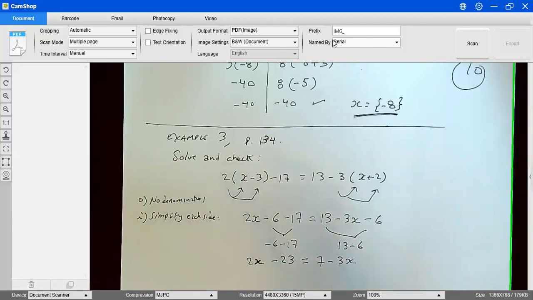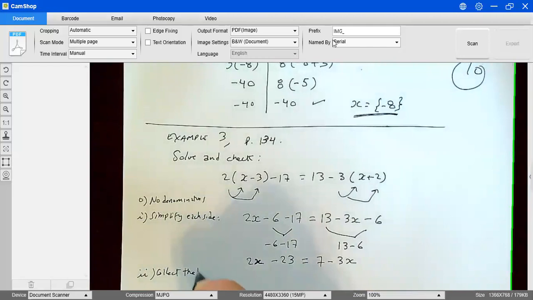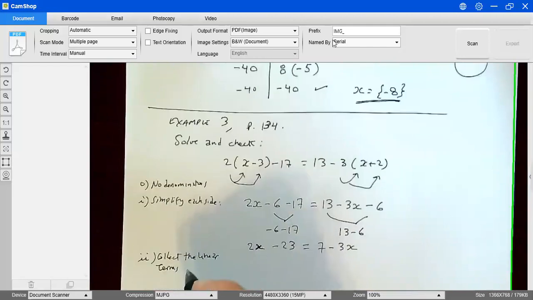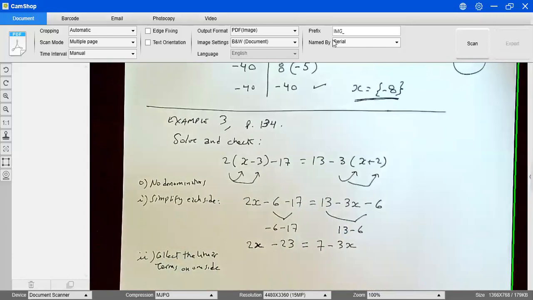Then the next step is we're going to collect the linear terms on one side. I'm going to work always with the term that is on the right hand side. I'm going to remove it.